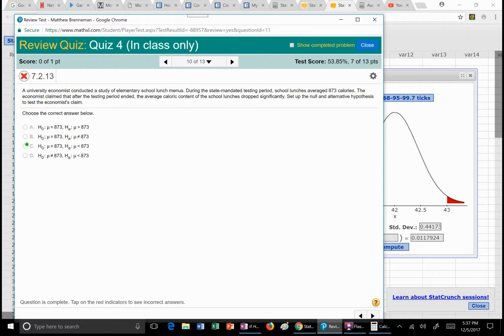Equals is enough. All right, so the thing you want to remember is that what you're trying to prove is the alternative. So he's trying to prove that it dropped significantly. So that means he's trying to prove that the mean's less than 873, which means he's trying to prove the alternative, which has to be either C or D. And the way you distinguish is that the null is always going to have the equal sign with it.